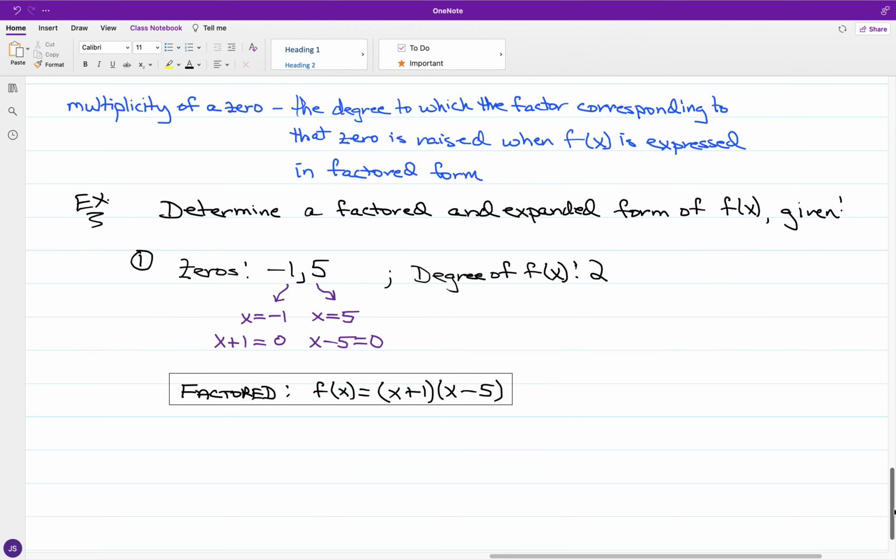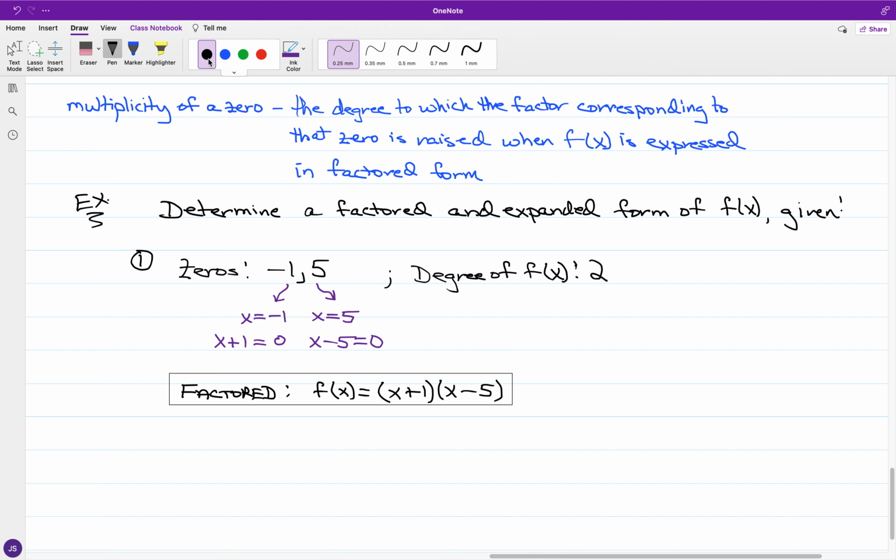Now, for the expanded form, this would be like if you took away the parentheses and FOILed out the multiplication between x plus 1 and x minus 5. So if I were to FOIL out, I would have x squared minus 5x plus x. Last part is -5.